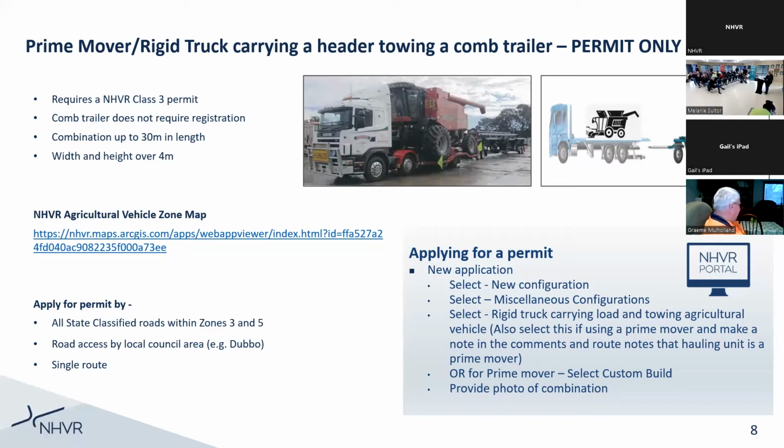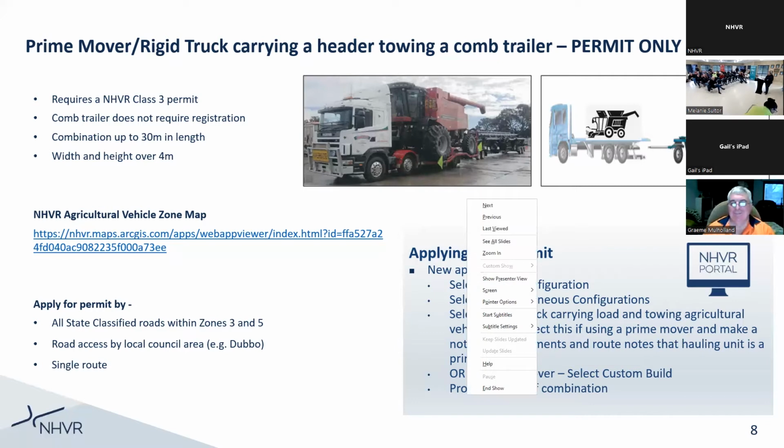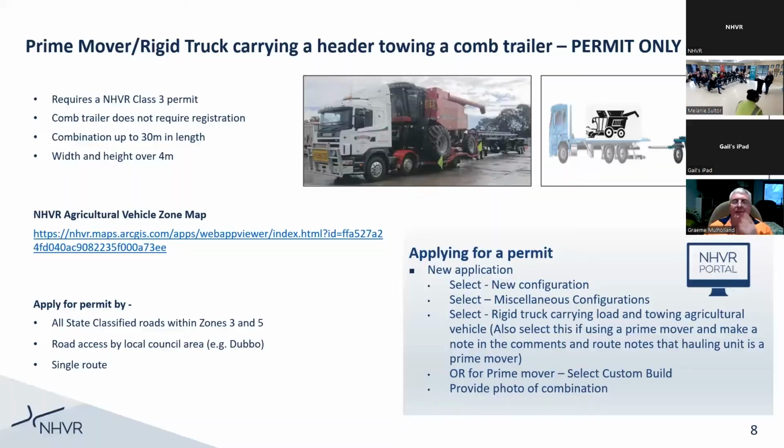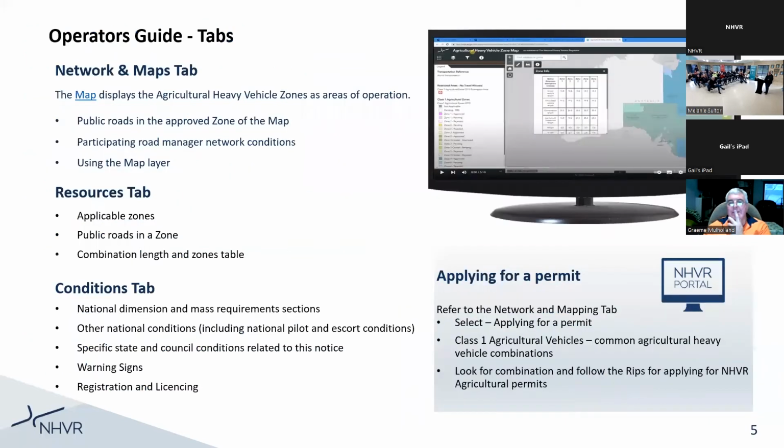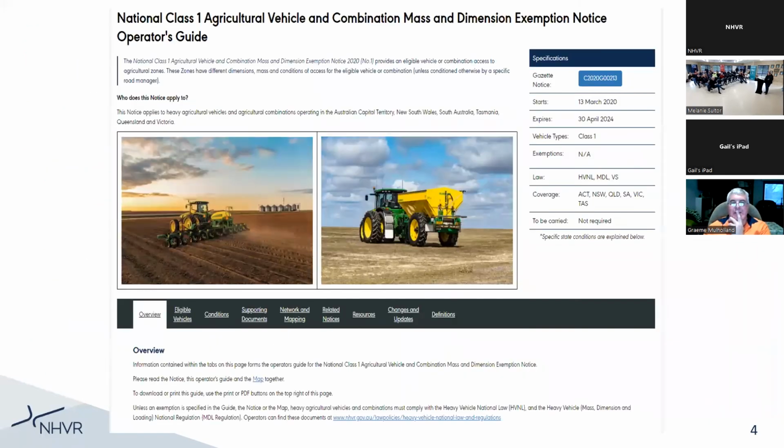Go back to the agricultural combination, with the picture of a tractor with a spreader on it. The one on the right-hand picture, that agricultural combination, is Class 1 agricultural, correct?